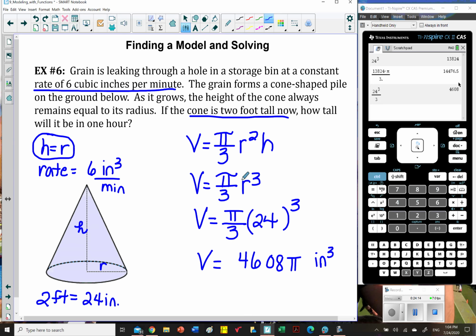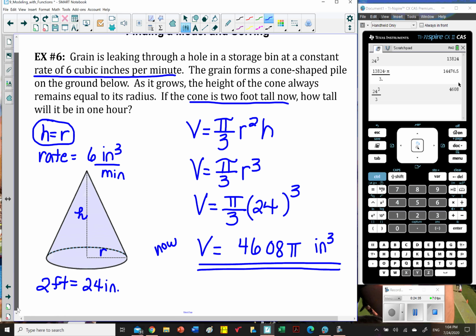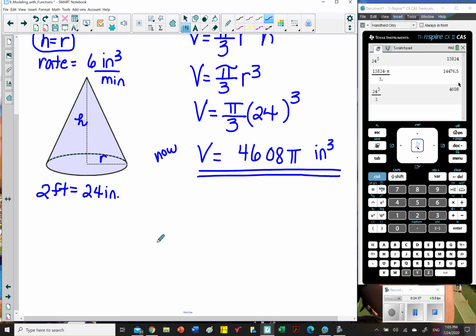If the cone is 2 feet tall now, we know the volume right now. This is the volume now. And we want to know what the volume is in an hour. So we've got to go back here and use this rate. If it's growing at 6 cubic inches a minute, what would the rate be in an hour? So we know the volume now, and we want to know the volume in 1 hour.